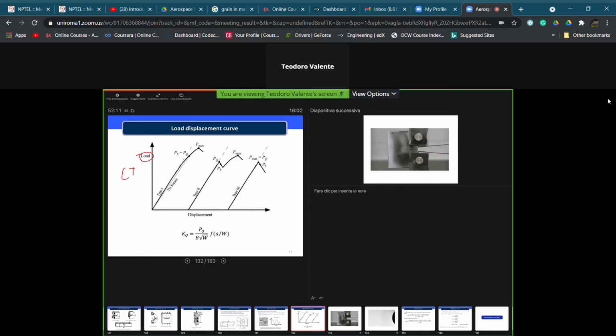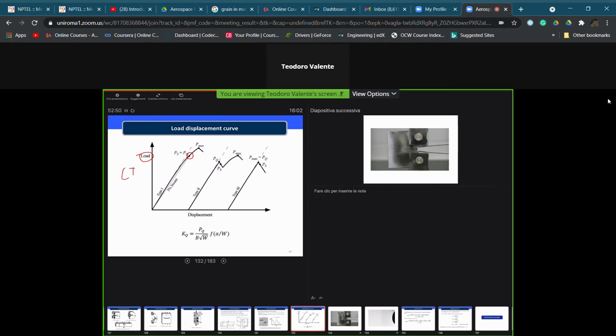Depending on the type 1, 2, or 3, we can define a critical value of force for which the crack starts to propagate, and this value is defined by the standard, from which we can calculate the stress intensity factor. When we calculate the stress intensity factor for that critical value of applied load, we can define the fracture toughness of the material itself.